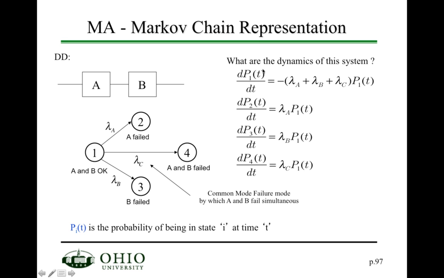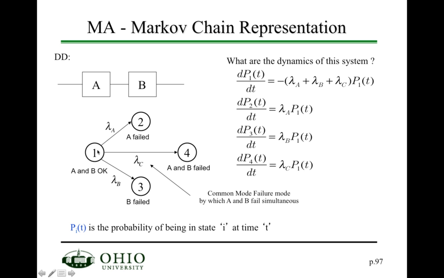For example, the change in probability of being in state 1 as a function of time is equal to the probability that you are in state 1 times the failure rates. And think about this in terms of flow. Since there is a positive failure rate from 1 to 2, the chance that you're in state 1 is only going to decrease over time.